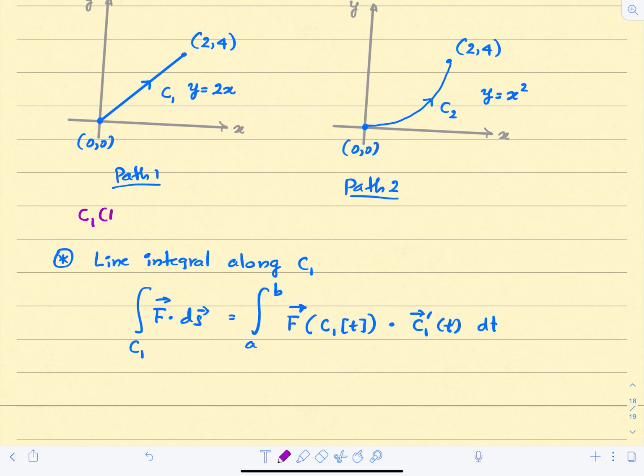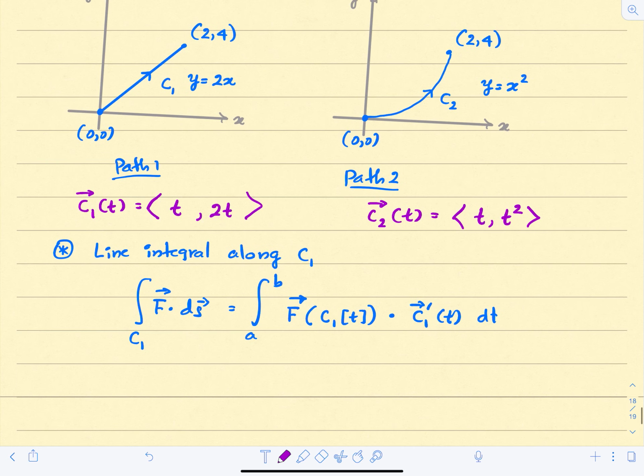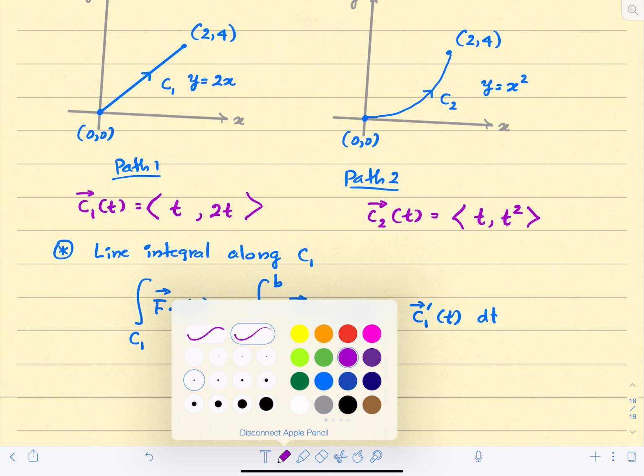Now we know how to get the parametric representation of a graph like this. We take x equals t, and since x equals t, y equals 2t. Similarly, for the second path, we take x equals t, therefore y should be t squared. Now, what is the range of t?